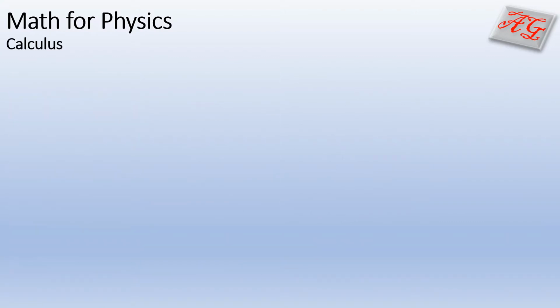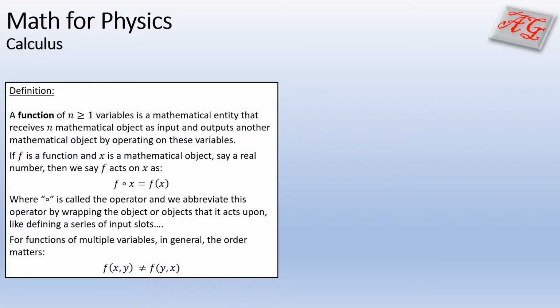Before we move on, let's define what a function is, since this will be recurring terminology that we will use most, if not all, the time. A function of n greater than or equal to 1 variables is a mathematical entity that receives n mathematical objects as input and outputs another mathematical object by operating on these variables. The variables that the function takes can really be any mathematical object at all.